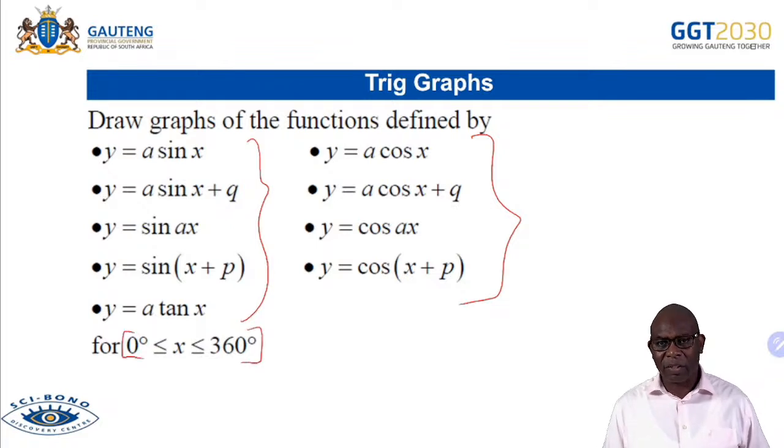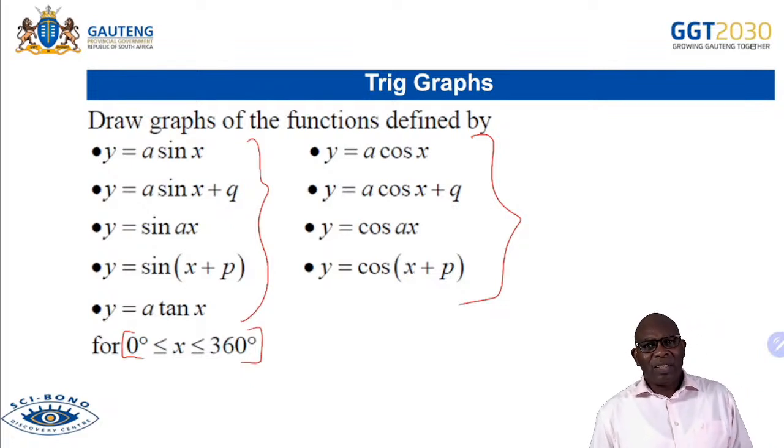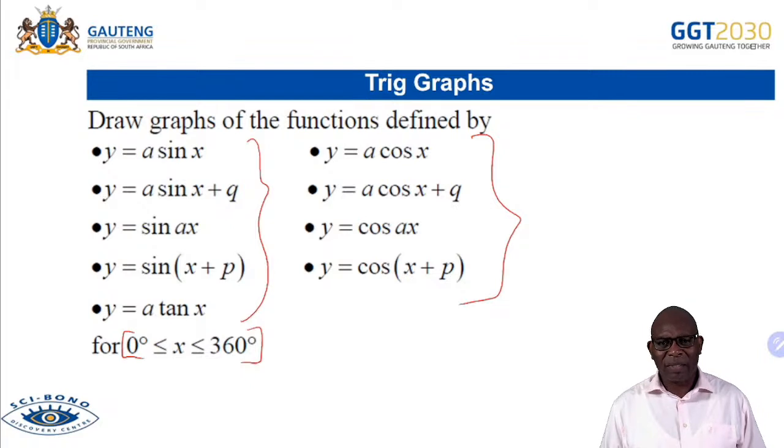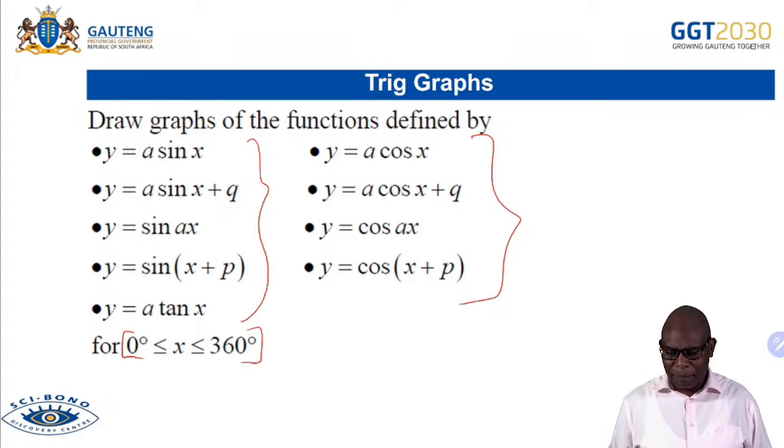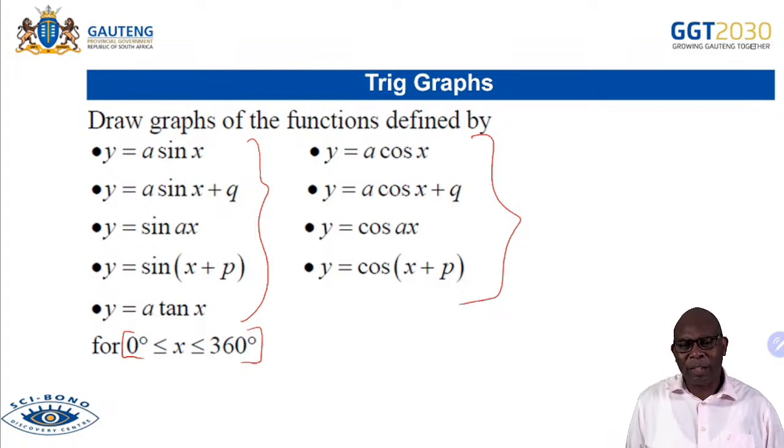You must learn how to draw each and every one of those functions. It's very important that you know how to draw. The marks there range from about 5 marks to 7 marks. So if you know how to draw these functions, we are already there. In trigonometry, our minimum mark should be 30 marks. No one should get any mark below 30.